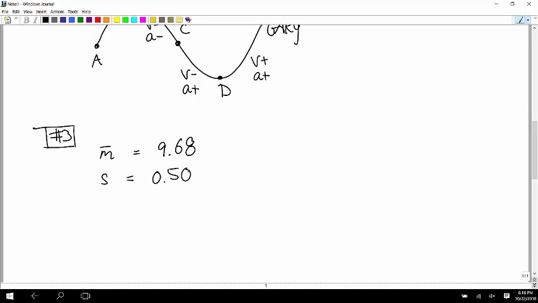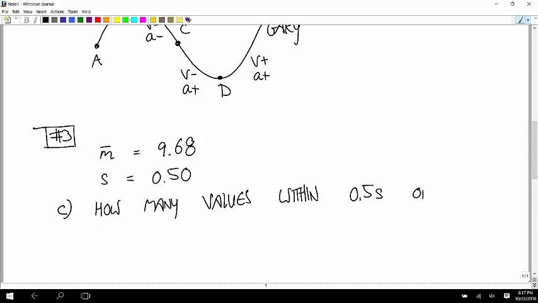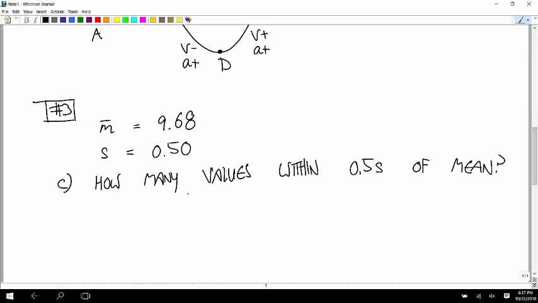And so for C, how many values are within half a standard deviation, so I'll call it 0.5s, of the mean. 0.5s is half of that standard deviation, so that's 0.25.